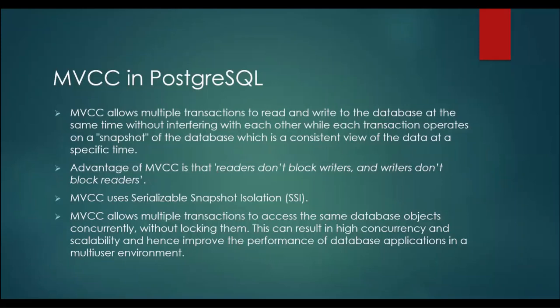Since it doesn't have separate undo segments, it won't store the pre-image data in a separate undo segment. It stores it in the same table. Until that transaction commits, that particular row will be visible. Once the transaction is committed, that old row will become invisible, which we call a dead tuple.